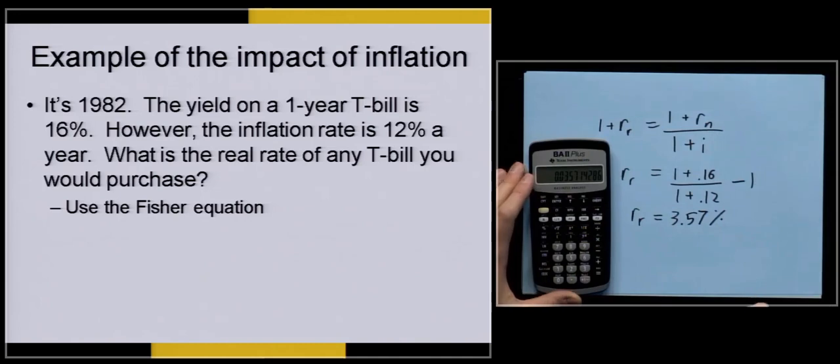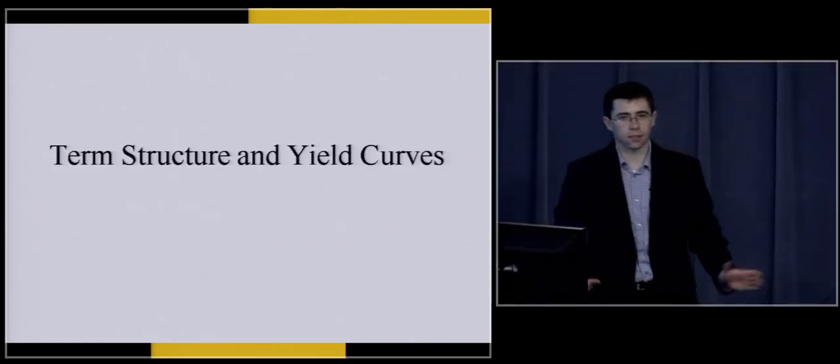So if we're considering buying a 1-year Treasury bill with a 16% nominal interest rate, and we want to know exactly how much value that has for us after we control for inflation, the answer is it's going to make us about 3.57% wealthier. So our actual return on this investment is 3.57%. And that's all I have to say about that.